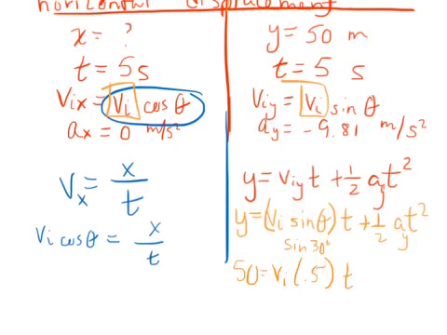Times t, when t is what? 5 seconds, right? Let's just write 5. Now, anybody remember that common number? What's 1/2 of 9.81? Negative 4.905. Good, negative 4.905. You don't need to memorize that, but it can prove to be useful at times.